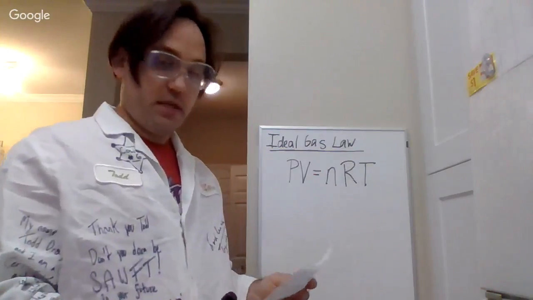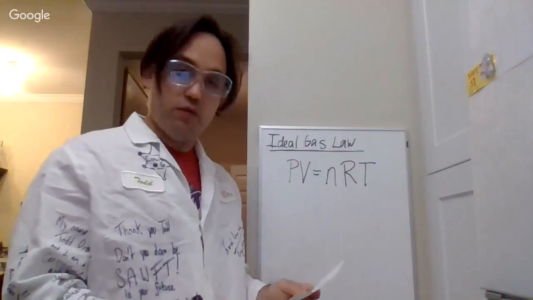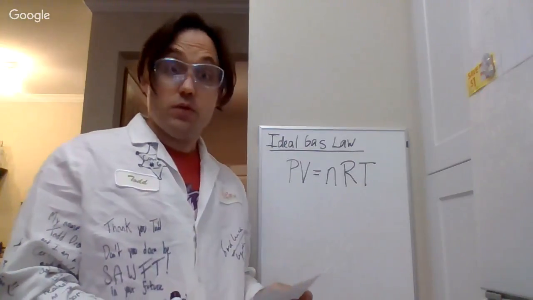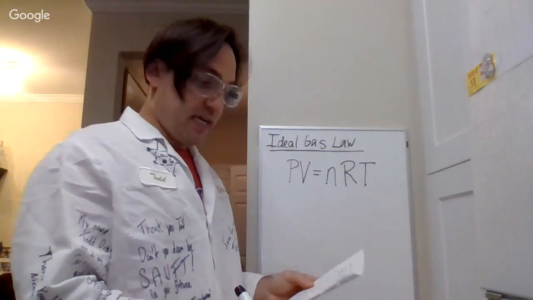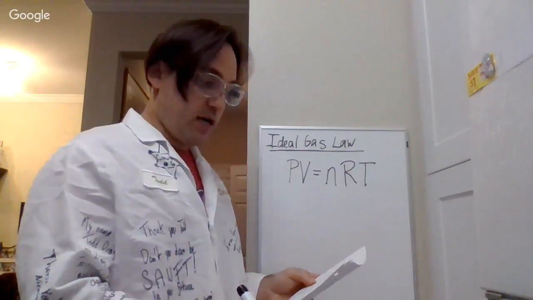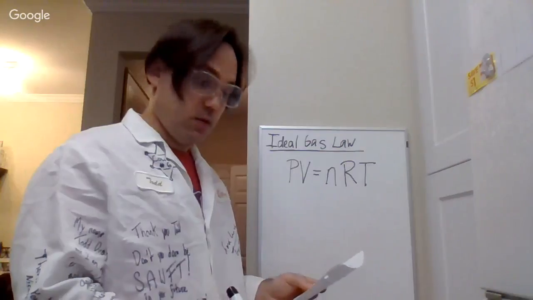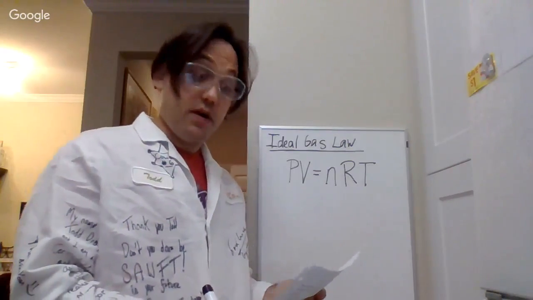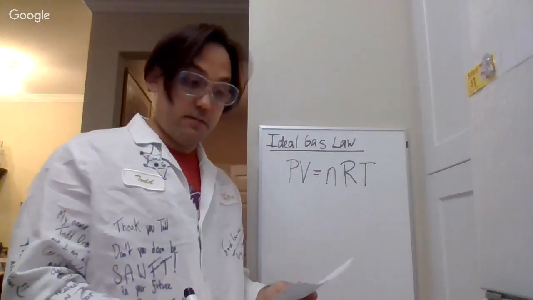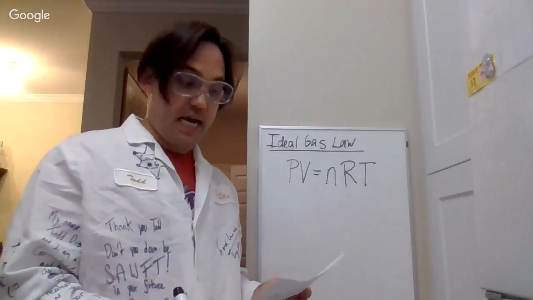As I read the problem, I will write down the pertinent information which will help us to solve it. The pressure on a gas is 150 kilopascals. The temperature is standard temperature, and the volume is 250 milliliters. How many moles of this gas do we have?